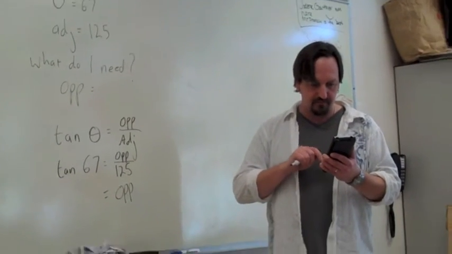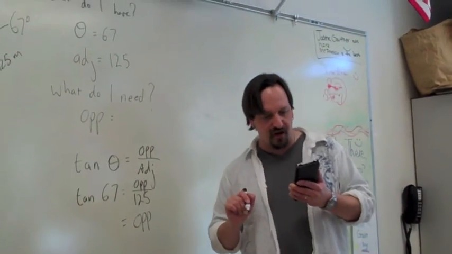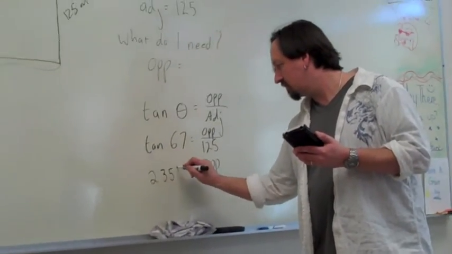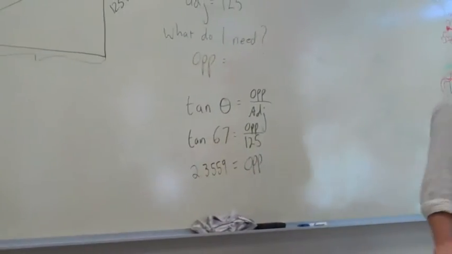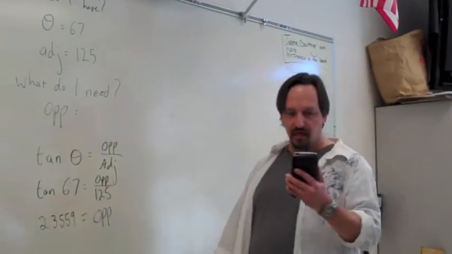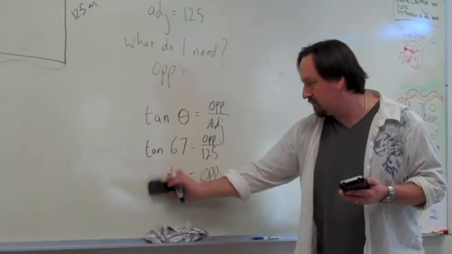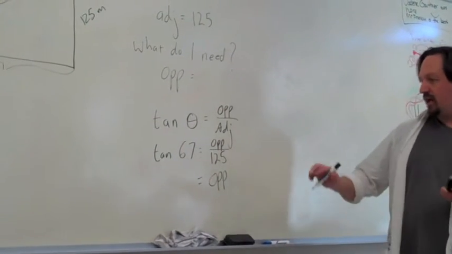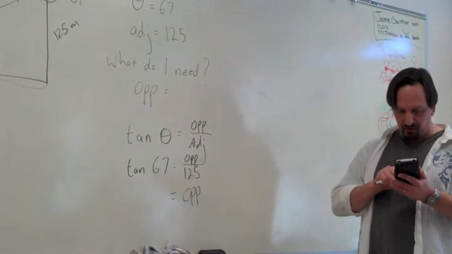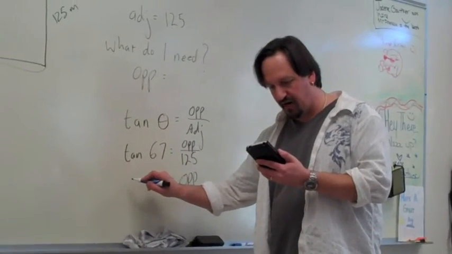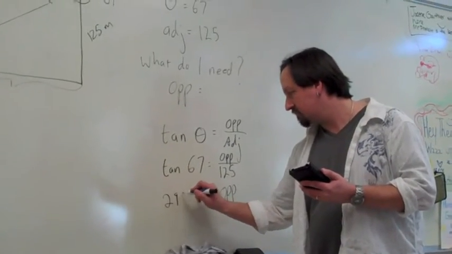Tangent 67, 2.3559. Yes. Yep. All right. Sorry. That times 125 gives me 295.5 feet.